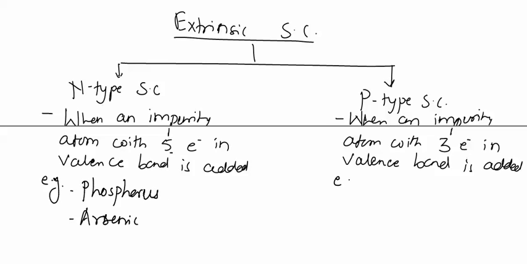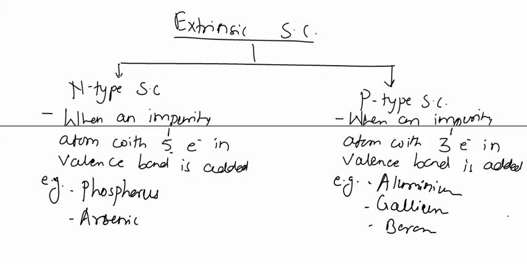And the impurities with 3 valence electrons have some examples: aluminium, gallium, boron, etc.